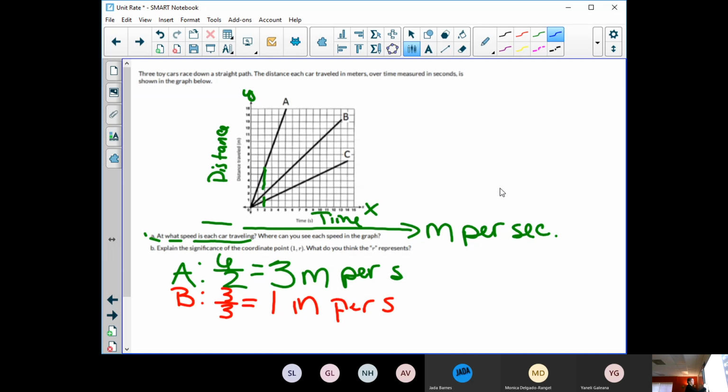And now car C. I'm going to have you guys do this one. I'll give you the point, and you tell me how fast it's going. 8 for my x, 4 for my y, so 4 over 8. So how many meters per second is car C going?